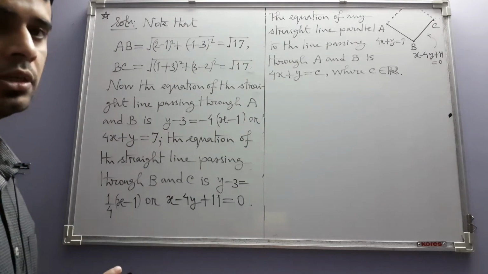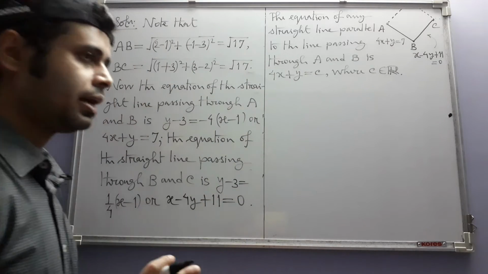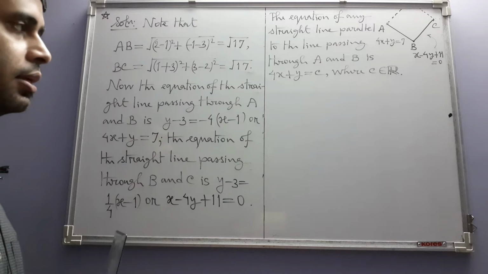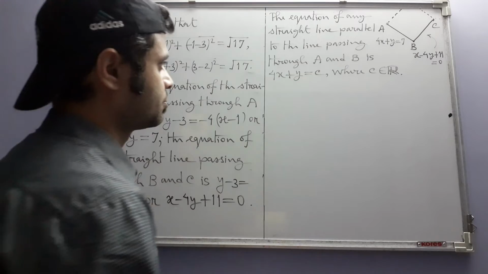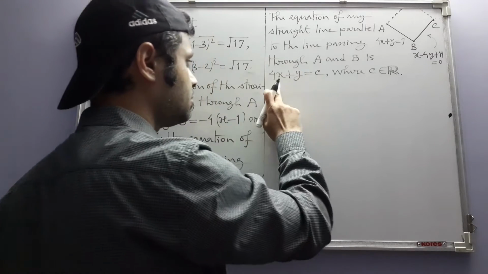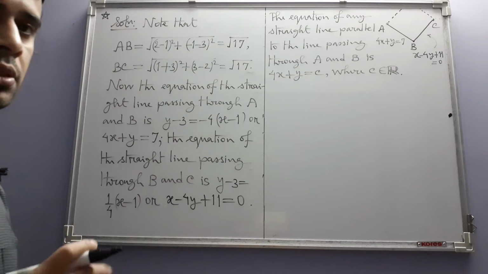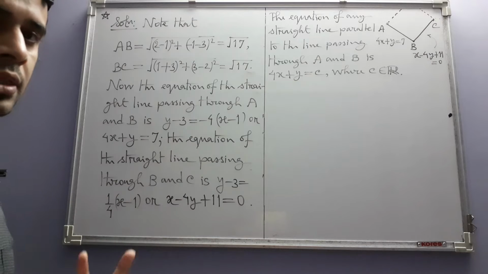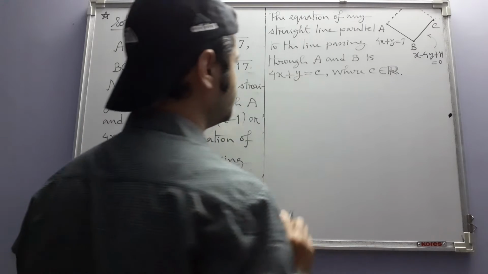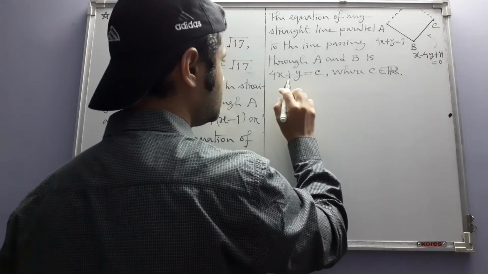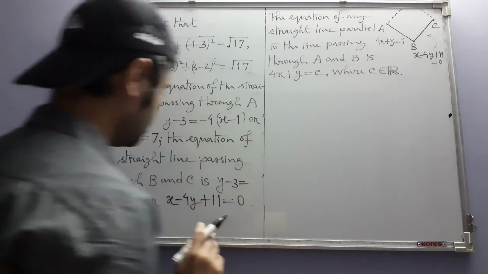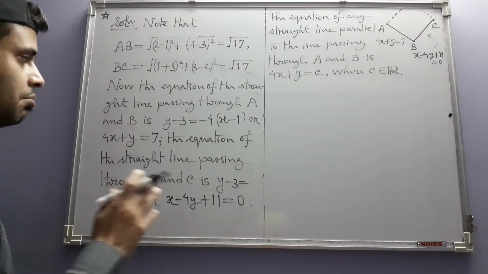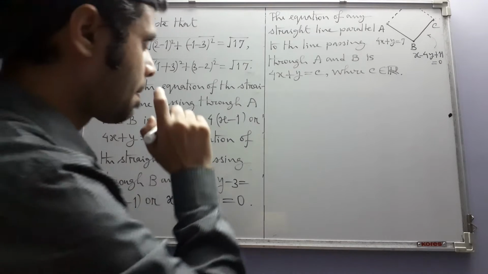We already know this. Parallel lines differ only in the constant term in their equations. The other part, which involves the variables, is actually the same. Now if this line is to pass through the point C, then the coordinates of C must satisfy this equation.